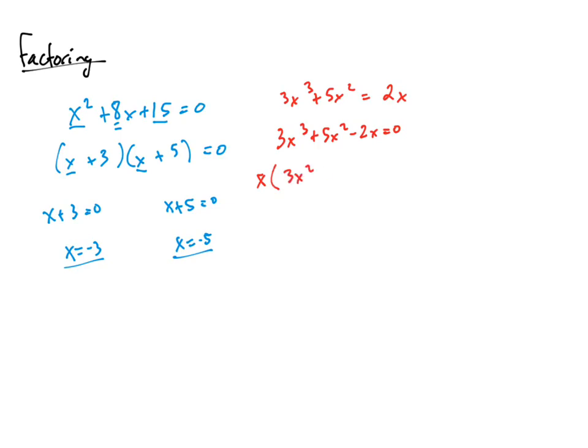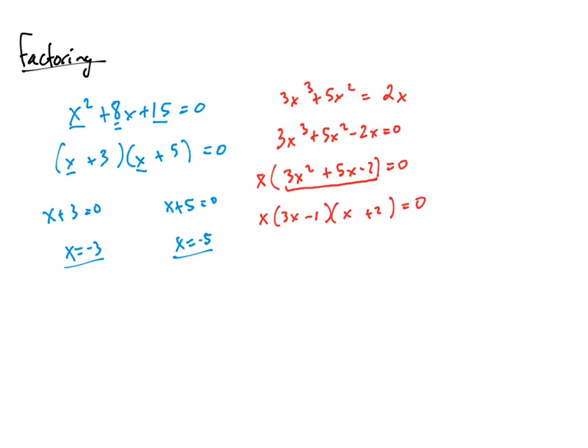That gives us x times 3x squared plus 5x minus 2 is equal to 0. Now this is a quadratic polynomial, so we can try to factor it, and that does factor. We get 3x and x, and then we're going to have positive 2, negative 1 like this.